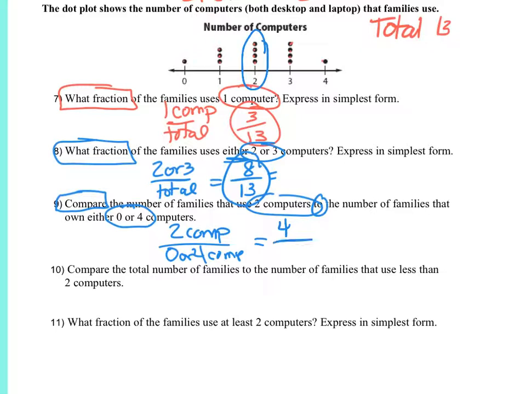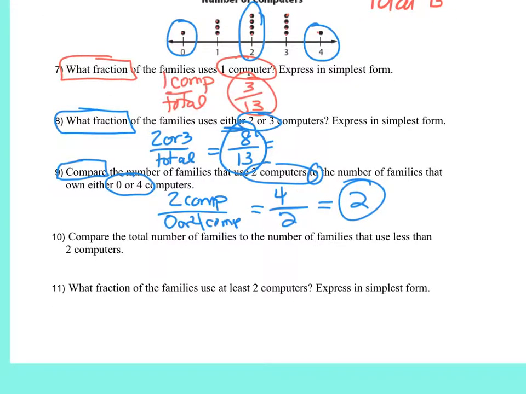How many families use either 0 or 4? 2. So you're reducing it technically, or dividing it. 4 divided by 2. So twice as many families own 2 computers as own 0 or 4.